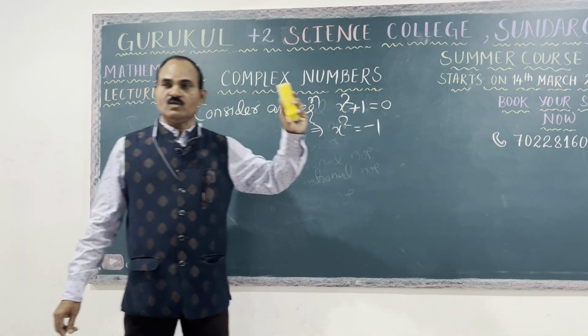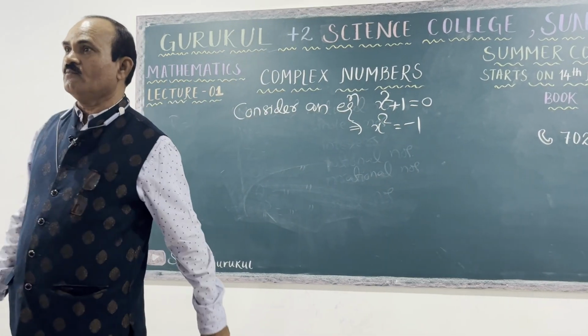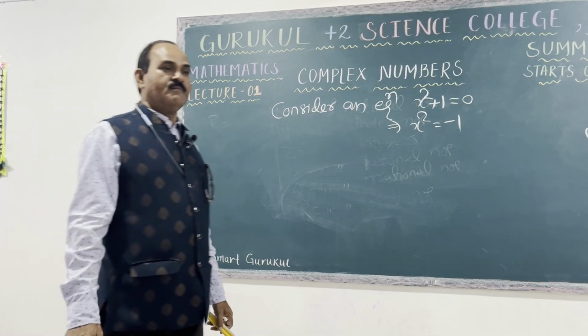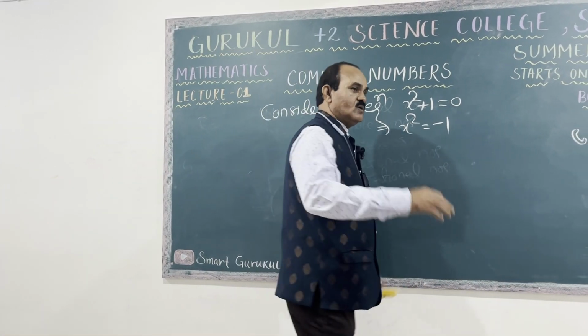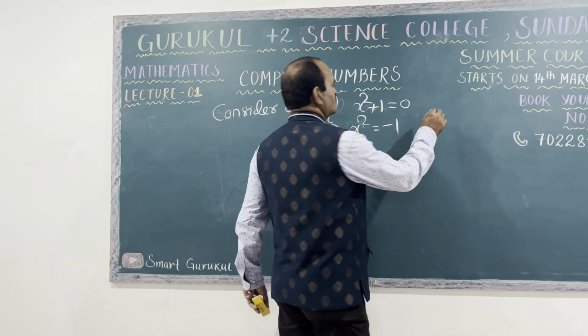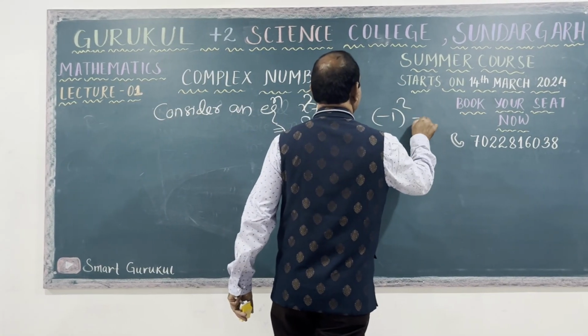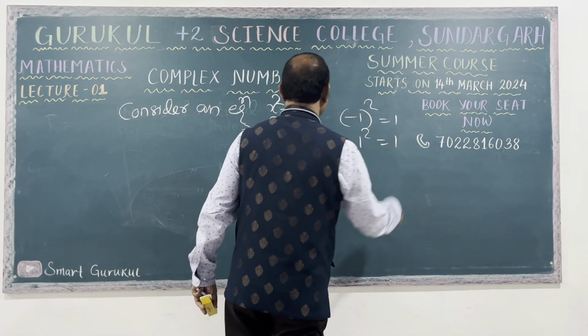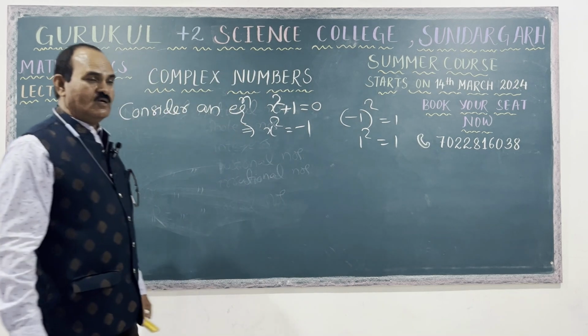If you square -1, that is +1; 1 squared is +1. It is never -1.